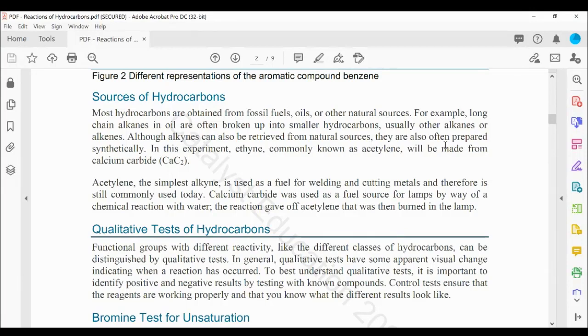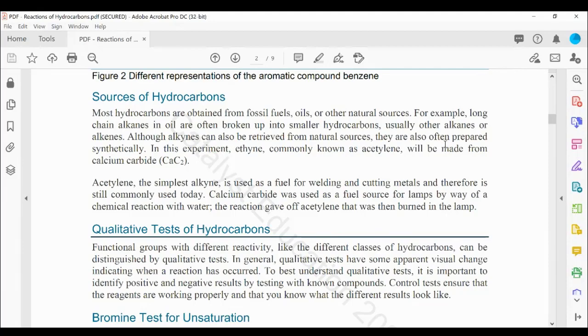And different classes of hydrocarbons will have different reactivity. So we use the qualitative tests to differentiate, and they allow us to distinguish what type of hydrocarbons we have. Because we are doing just 2 tests, you only have to remember what is a positive and a negative for each test, but they are only two.